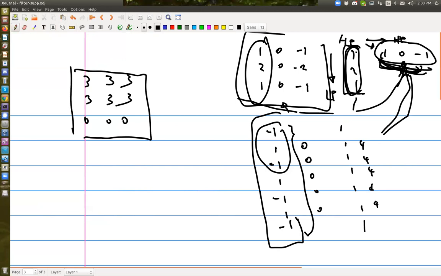What do I get? This is the last question I got, probably. I don't know whether it's last or not. Okay, I'm going to apply this original 2D filter to this patch here. What do I get?